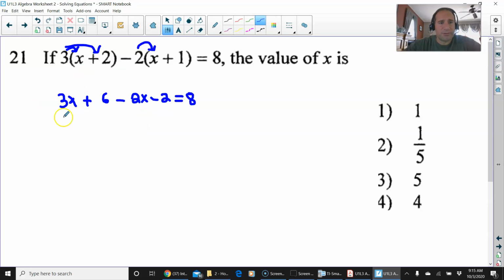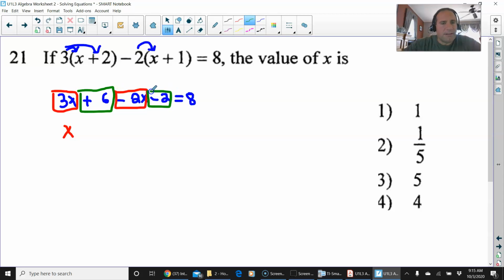There's 4 terms over here now. So that means you have a lot to combine, and they're all on one side of the equal sign. Remember? So we have 3x minus 2x is x. And then I'm going to switch my color here, and see this positive 6 and this negative 2.